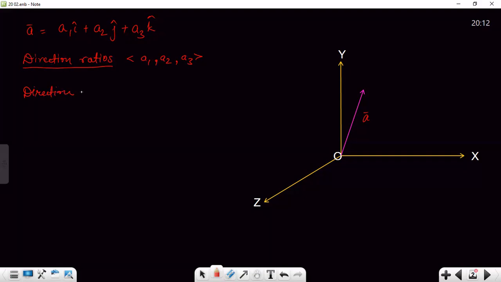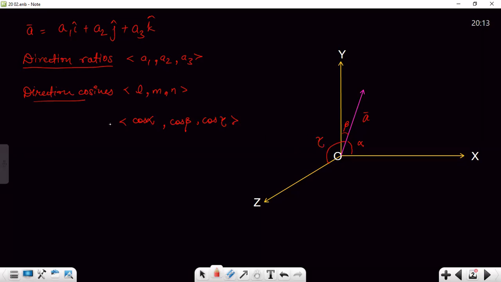We discussed direction cosines. They were l, m, and n, being cosine of alpha, where alpha is the angle made with the x-axis, cosine of beta, where beta is the angle made with the y-axis, and cosine of gamma, where gamma is the angle made with the z-axis.